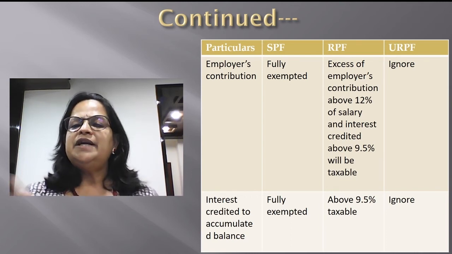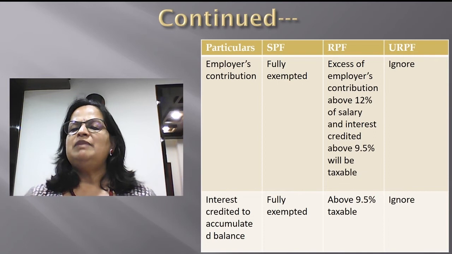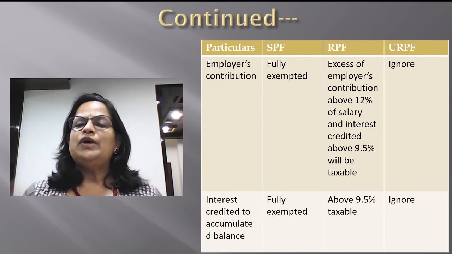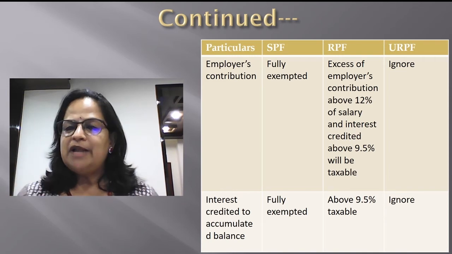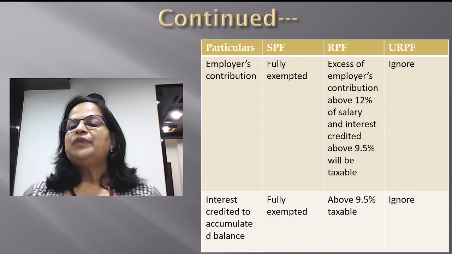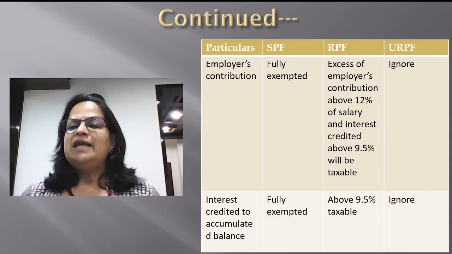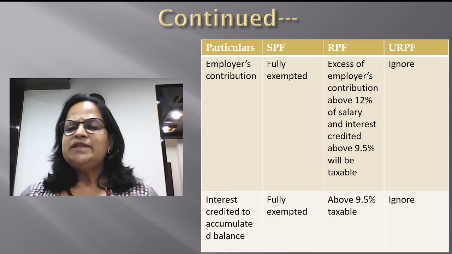Similarly, interest credited above 9.5% will be taxable. These are the 2 points. In this RPF computation, when you have to do a salary problem, remember this 12% and 9.5% for interest. Always this adjustment will be there in the calculation of salary income. So 12% I have explained.